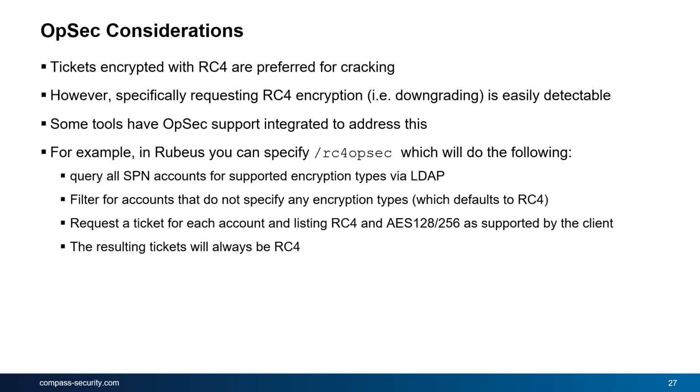Subsequently, Rubeus will only request tickets for those accounts. Now, Rubeus will still specify that it supports RC4, AES-128, and 256, knowing very well that it will only get RC4 tickets back because the target account only supports RC4. And with this technique, you will be able to blend in much more into the regular Kerberos traffic in the domain.